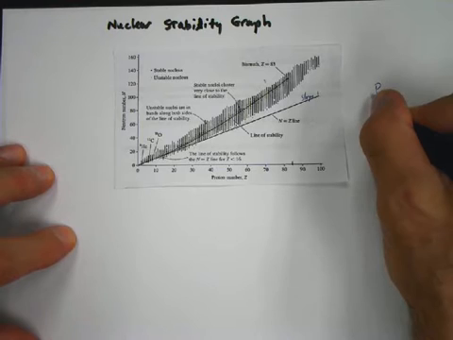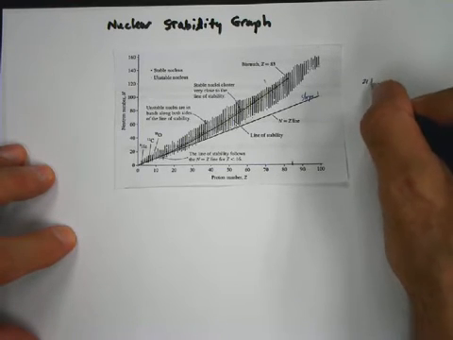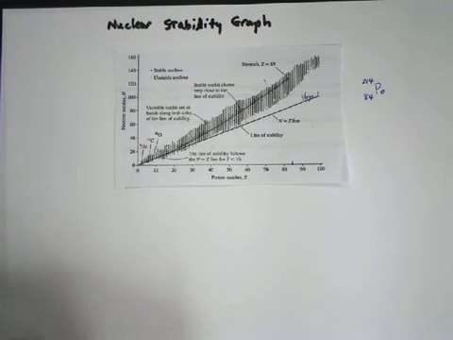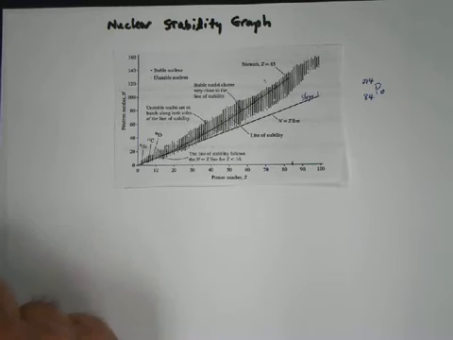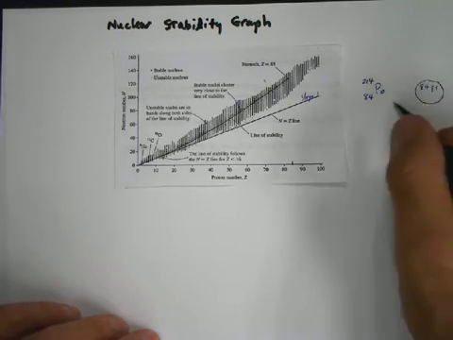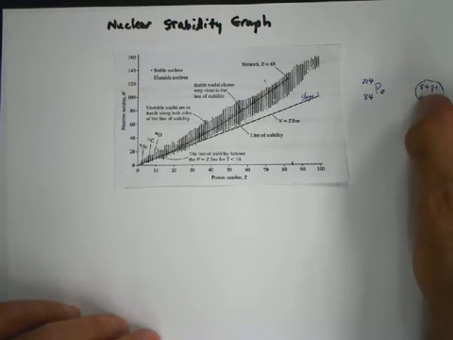It has 84 protons, but then if we subtract 214 minus 84, that'll give us the number of neutrons. So if we think about a polonium nucleus, it would have 84 protons in it, and 84 from 214 is 130 neutrons. So that's for the polonium-214 isotope.